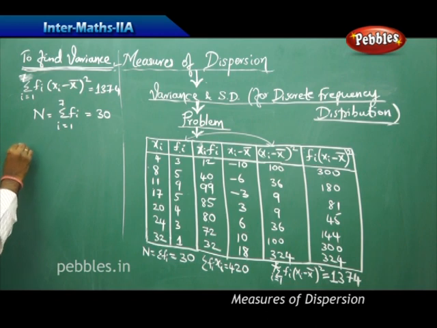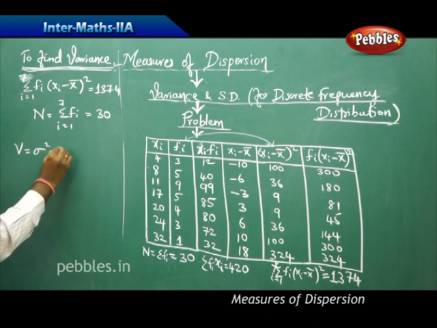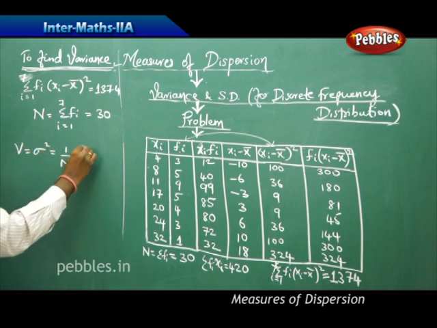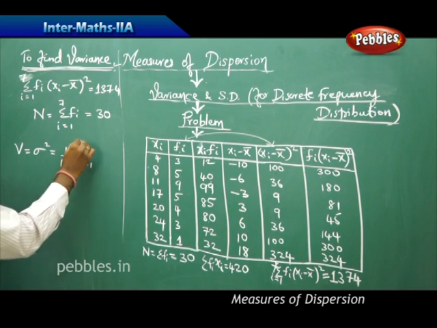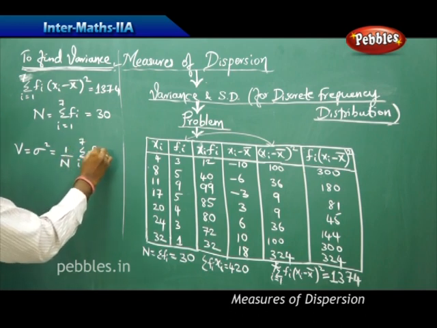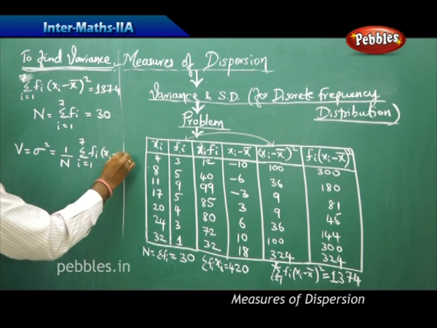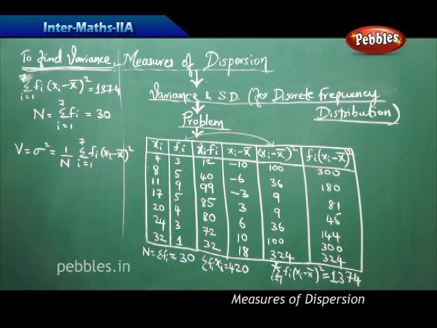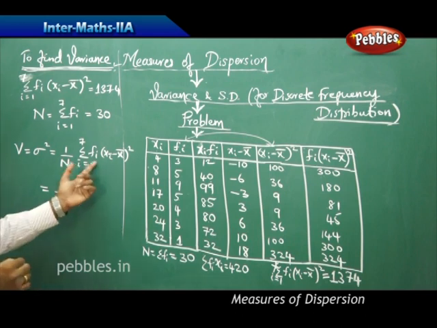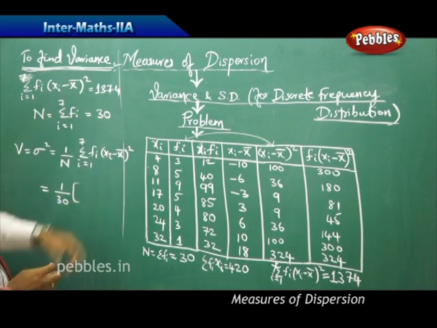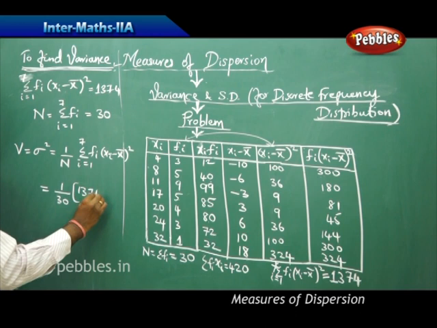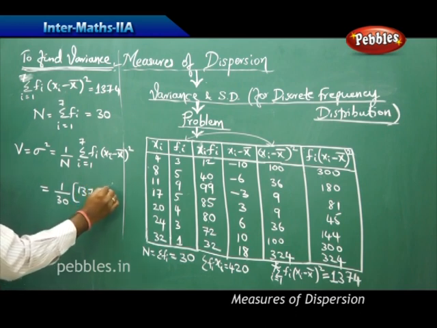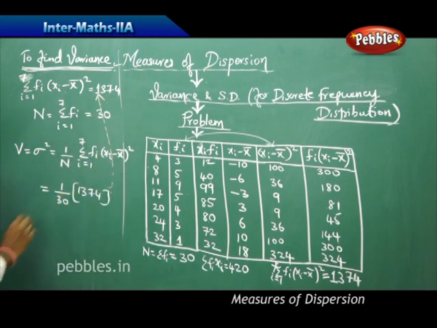So variance, denoted by sigma square, is given by 1 by n sigma i running from 1 to 7 fi xi minus x bar whole square. This on substitution gives me 1 by n times sigma fi xi minus x bar whole square, which is 1374, substituted from here.